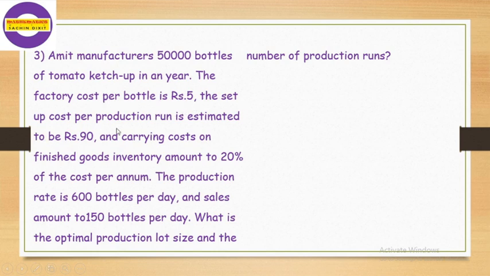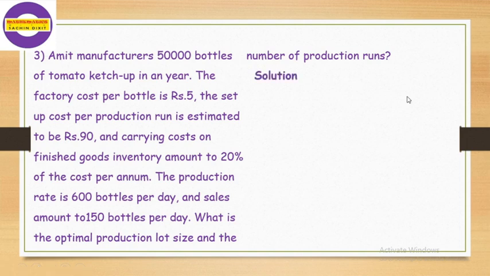The setup cost per production run is estimated to be rupees 90, and the carrying cost on finished goods inventory amounts to 20% of the cost per annum. The production rate is 600 bottles per day and sales amount to 150 bottles per day. What is the optimal production lot size and the number of production runs?